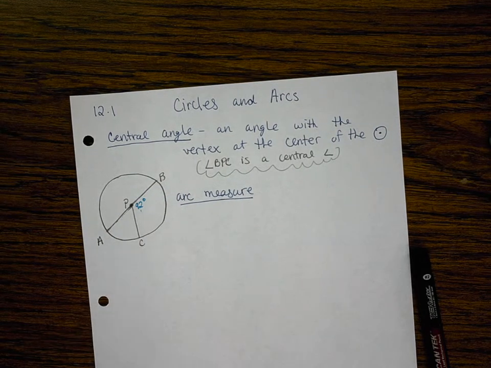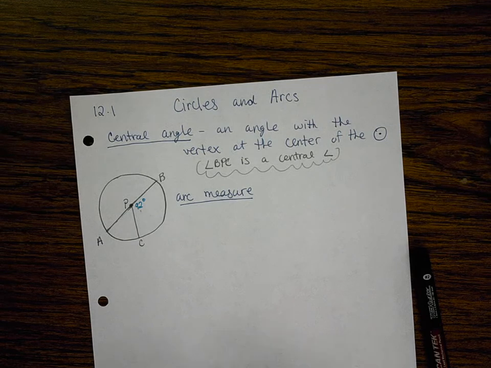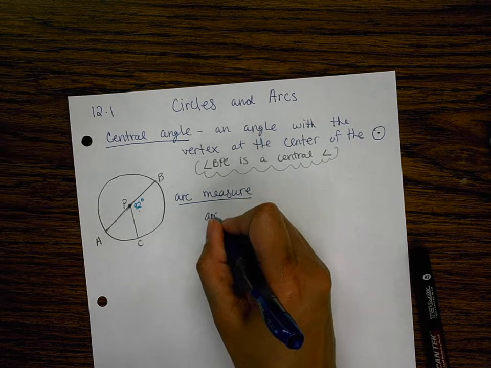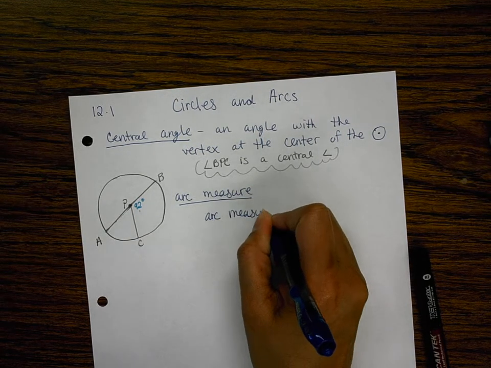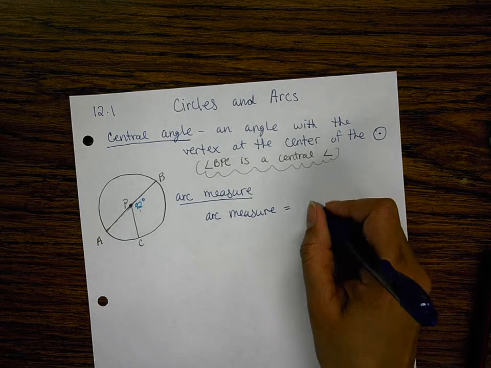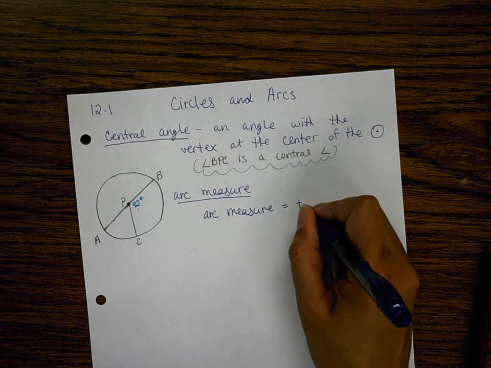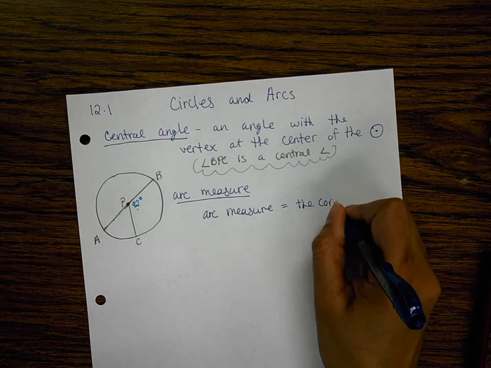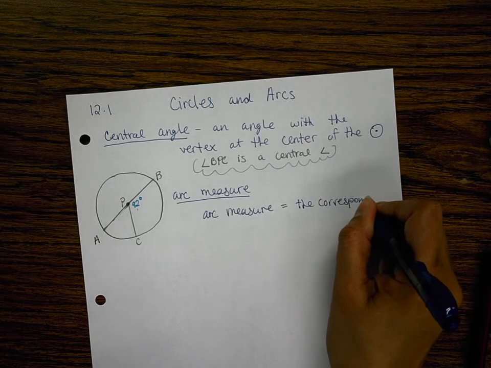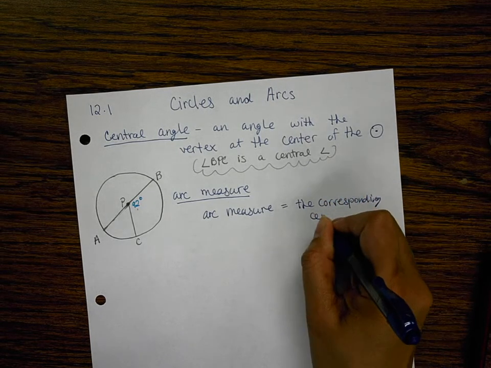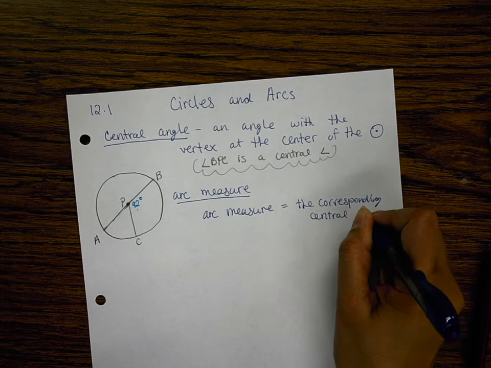AC is an arc measure. Okay, so I'm going to write here that arc measure will always be equal to the corresponding central angle.